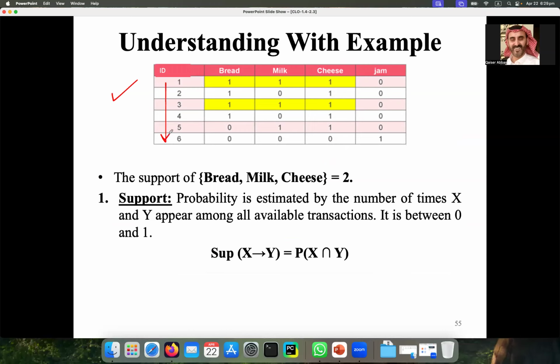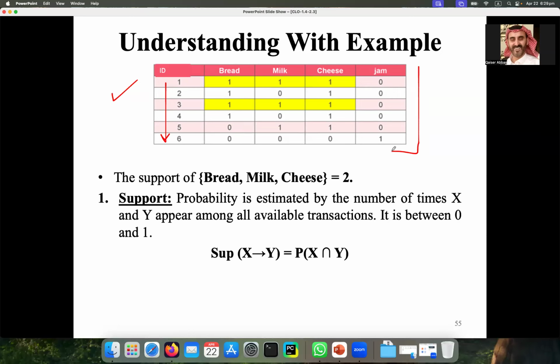In the first transaction in the sales data, this is the evidence that when bread is bought, milk is bought, cheese is also bought, and jam is 0. Similarly, in 2, bread was bought, milk was not bought, cheese was bought, jam was not bought. And similarly, the reading of all the others. So this is just the data that we collected from the sales data.